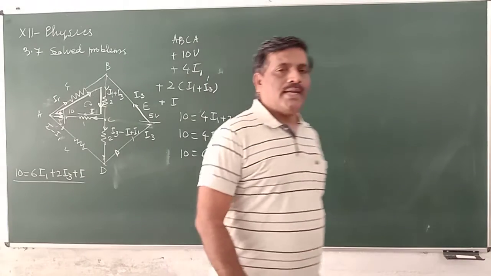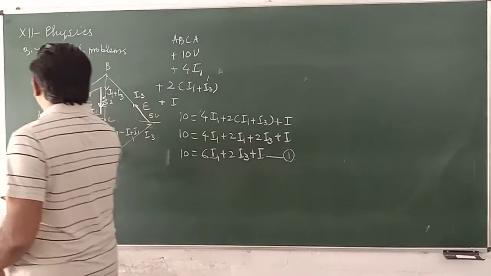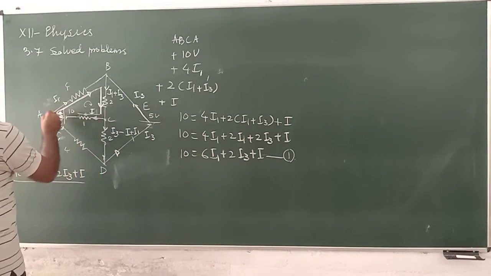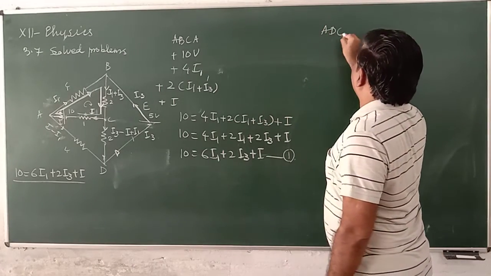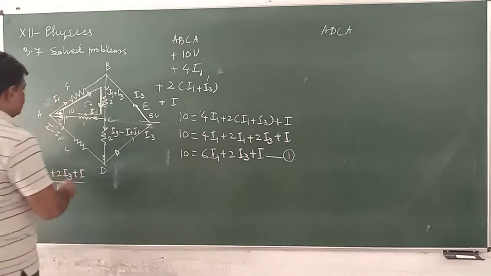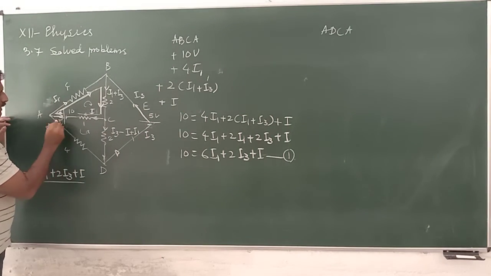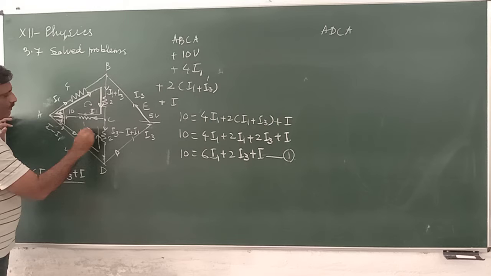In the same way, I can apply Kirchhoff's law to another loop: A, D, C and A. Now here I am taking it in the anti-clockwise direction. We have the freedom: we can take it clockwise or anti-clockwise. No problem.